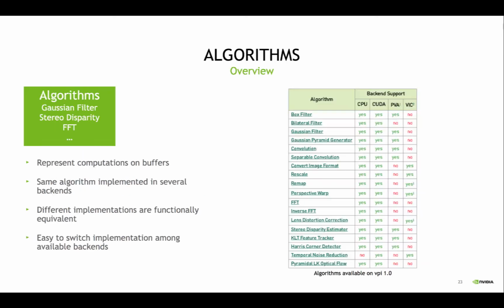Well, buffers are only part of the story. They are kind of useless without algorithms to operate on them. So, in VPI, an algorithm represents a well-defined computation on buffers. As you can see here in the table, each algorithm is implemented by several backends. These implementations are equivalent in the sense that, given the same input, the output of each implementation is functionally the same.